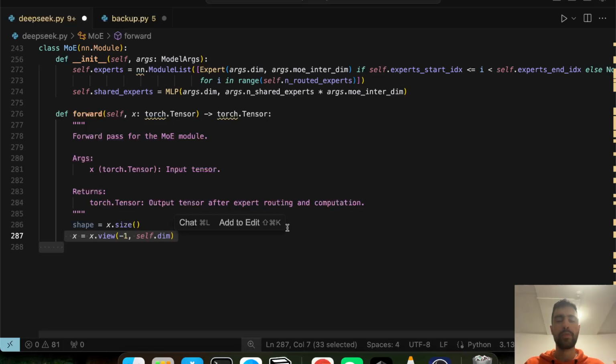And then what we want to do is, instead of having batch size, sequence length, self dim, we just want to flatten batch size and sequence length. So we have a big array of just tokens, or the vectors. So we just have this big array of vectors, and we will pass them one by one through the experts, and that's it.